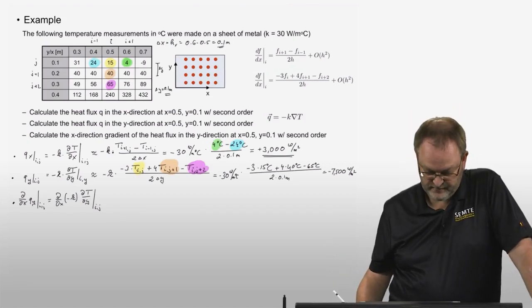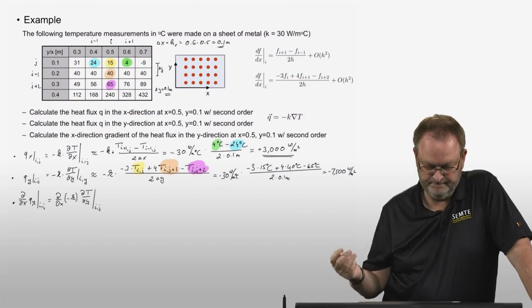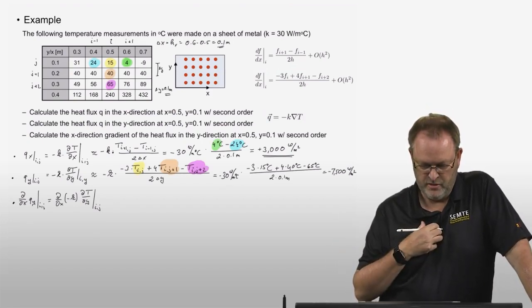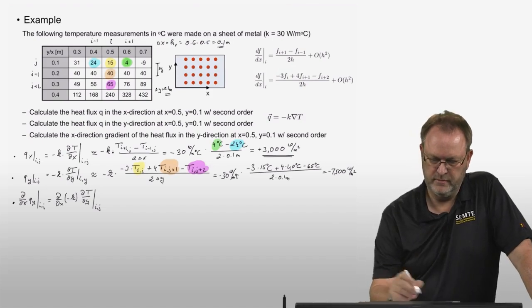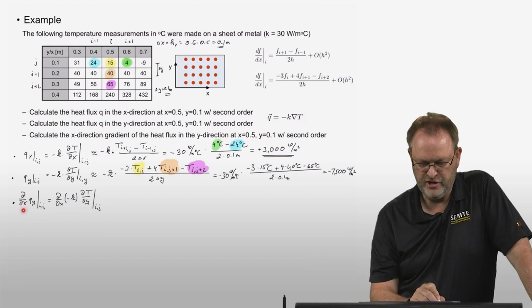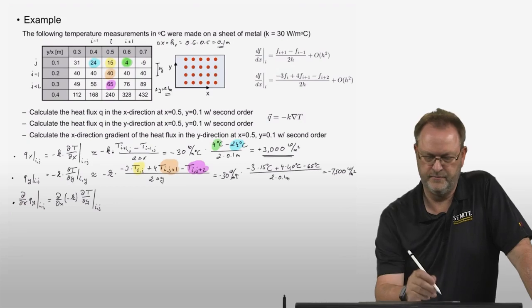Okay, so now what we'll have to do is go step by step. Let me go back to this formula here and just apply the d/dx to qy. It's in the x direction, so I can use second order central formulas.